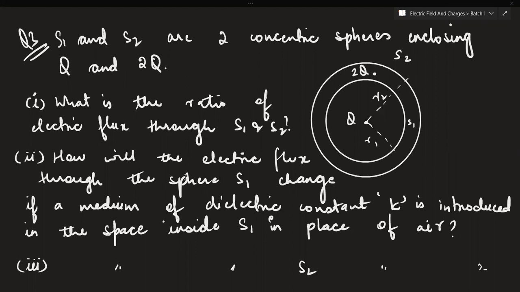Khalid, Salman, Memuna. Total charge. Yes, Khalid, you were trying? If you will not answer like this, I'll have to take your separate vivas. Teacher, S2 will be like 3Q.